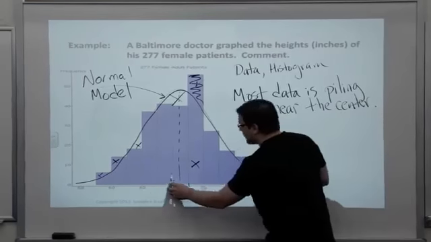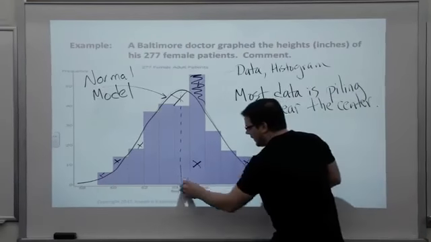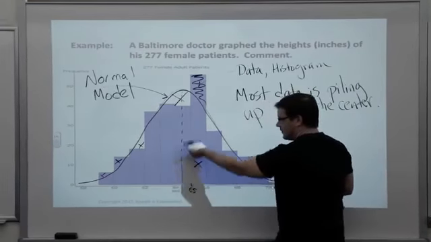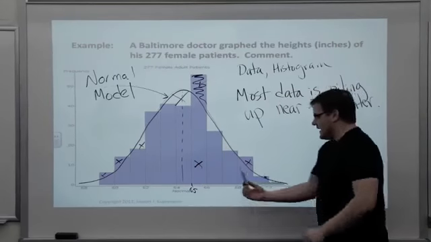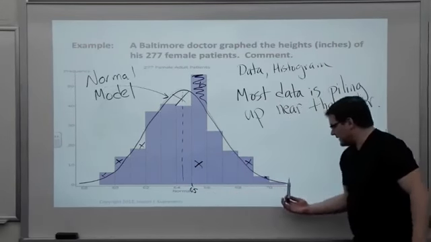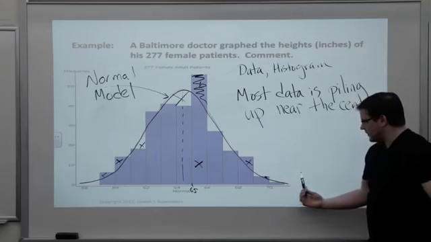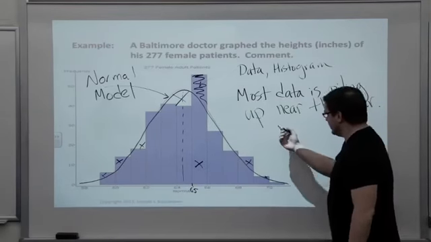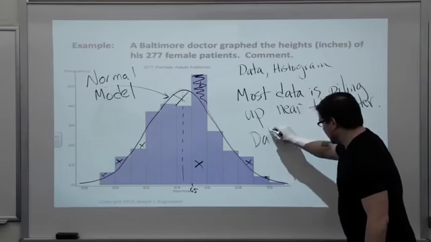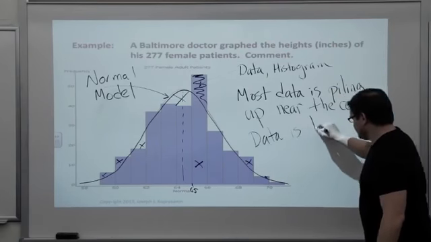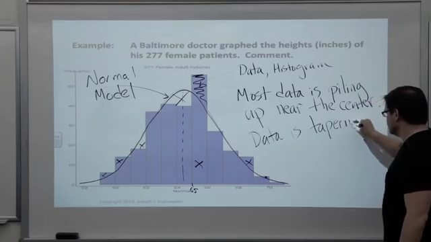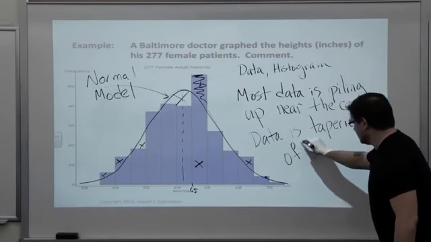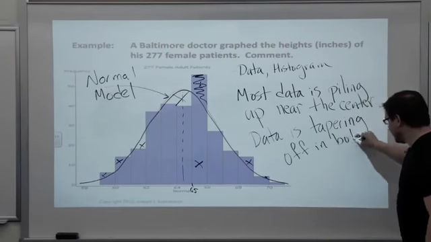And most of the female patients from this doctor are here. And we can see that because the rectangles are taller. As you have taller heights, there are fewer females up here. As you have shorter heights, there are fewer females down in the left tail. And so the data is tapering off in both tails.